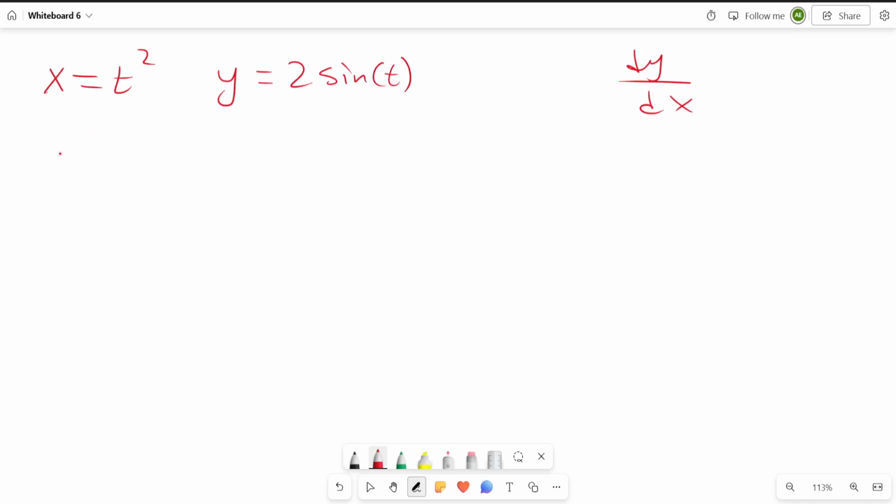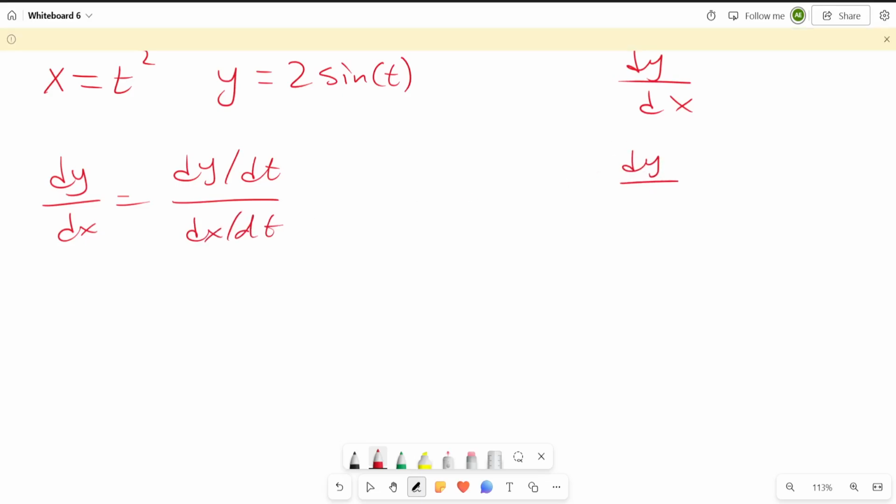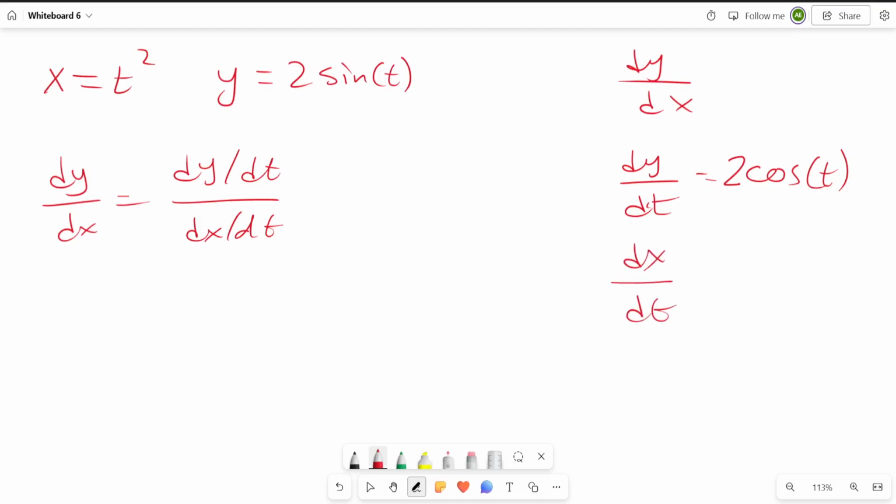First, we know that dy by dx is going again to be equal to dy by dt over dx by dt. So let's start by getting dy by dt, which is differentiation of this. So I know that differentiation of sine is cosine, so this is going to be 2 cosine of t, and dx by dt is going to be the differentiation of t squared, which is going to be 2t.